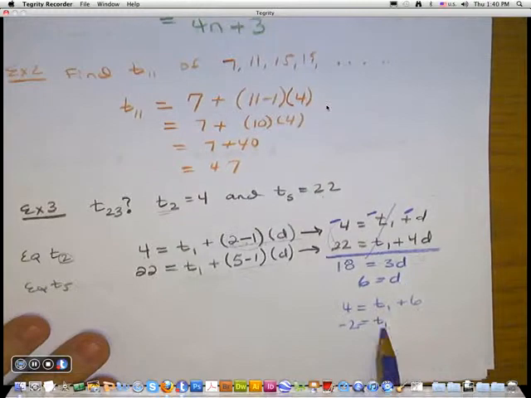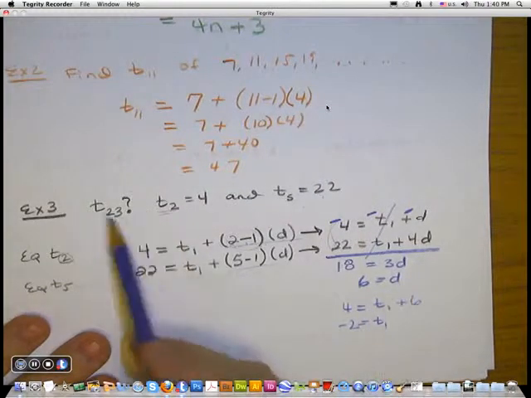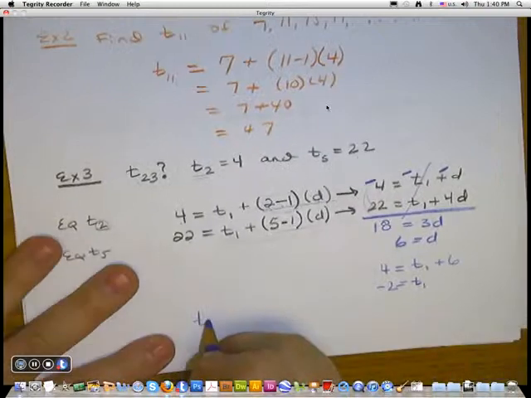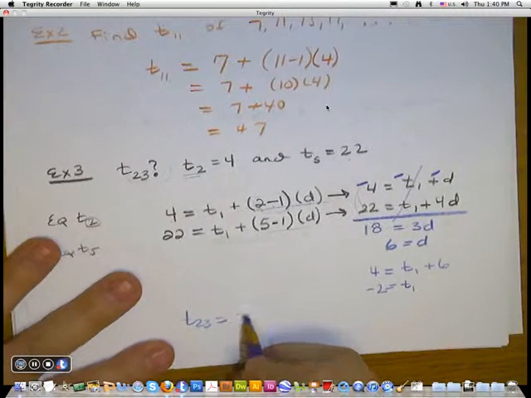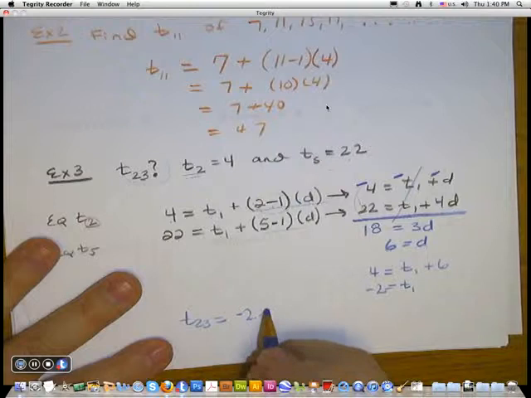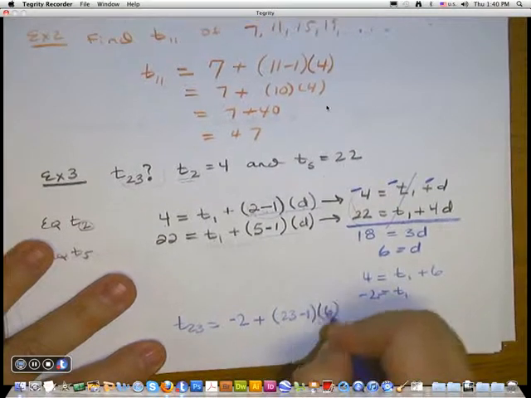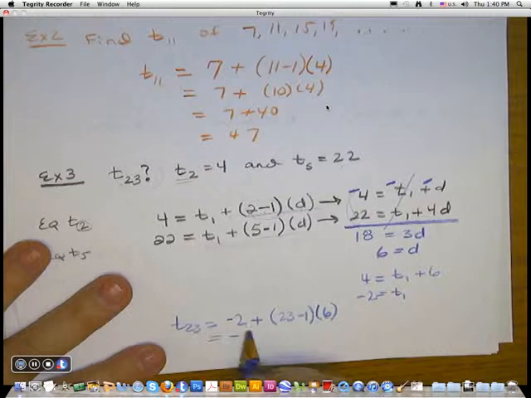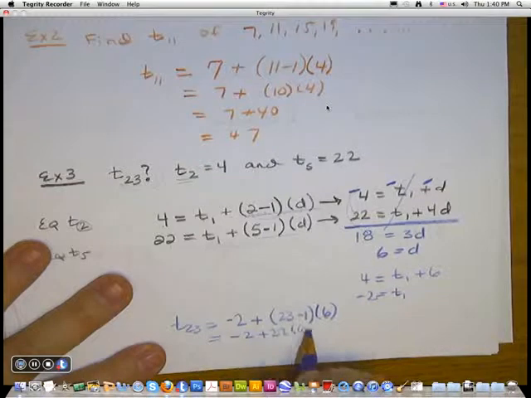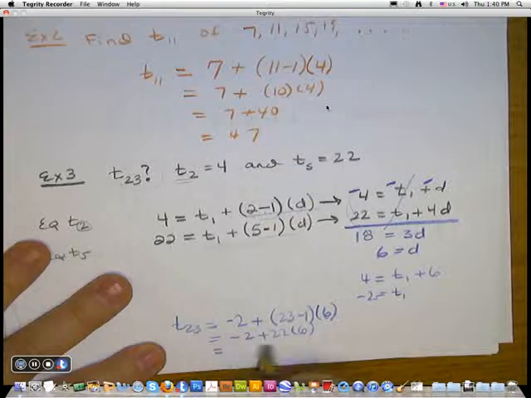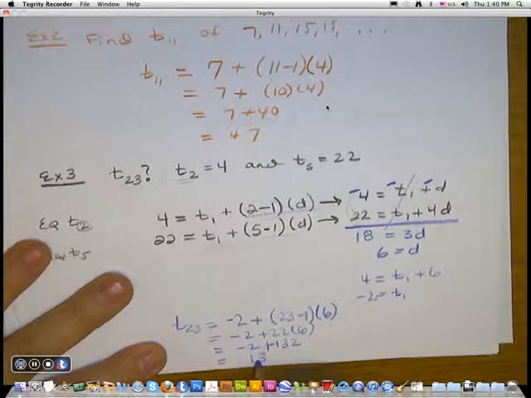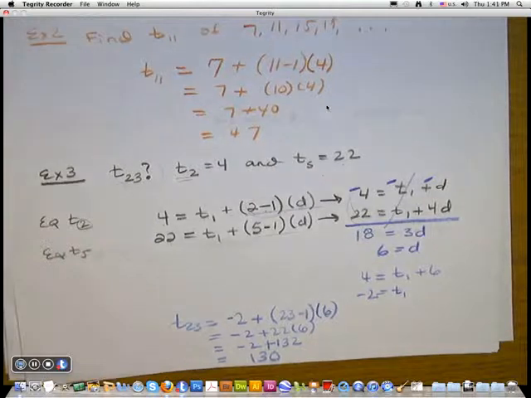Now that I know what T1 is and I know what D is, I can find my 23rd term. The 23rd term is the first term plus the term I want minus 1 times the difference. So -2 plus 22 times 6 gives me -2 plus 132, which is 130.